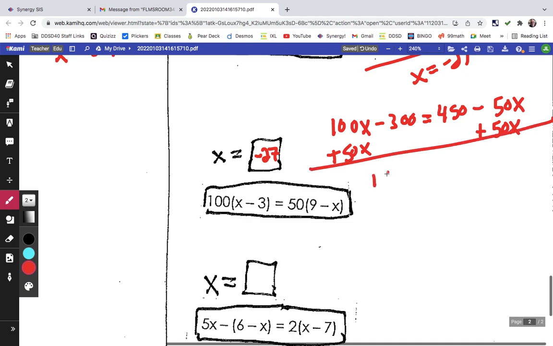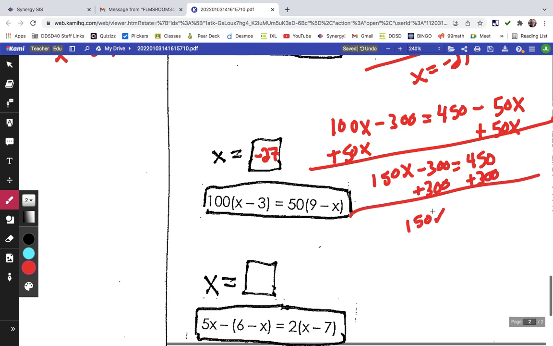So this is 150x minus 300 equals 450. I'm going to add 300 to create that 0. So 150x equals 750. Divide by 150. And 750 divided by 150 is 5. So x on this one equals 5.